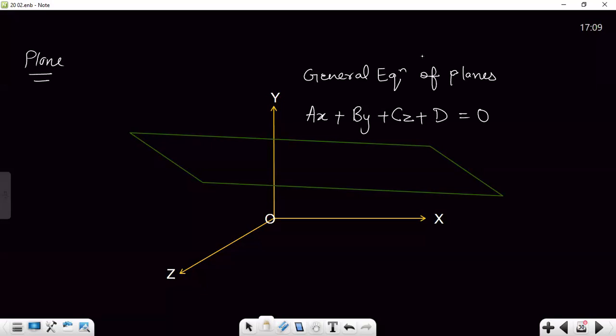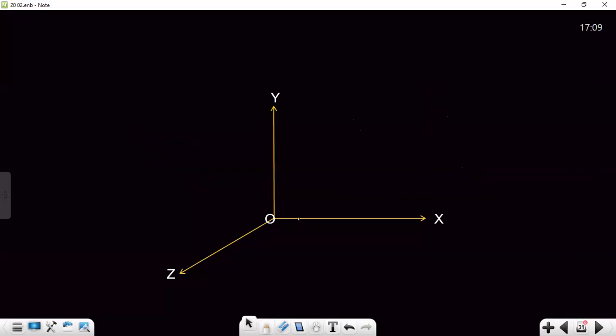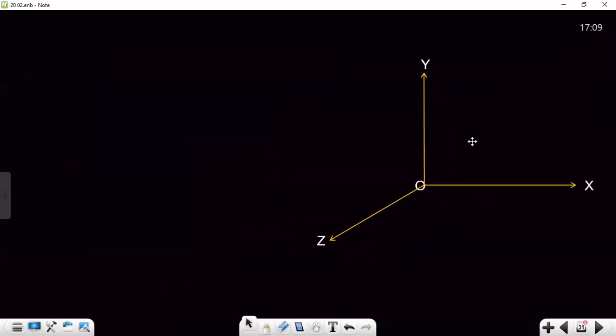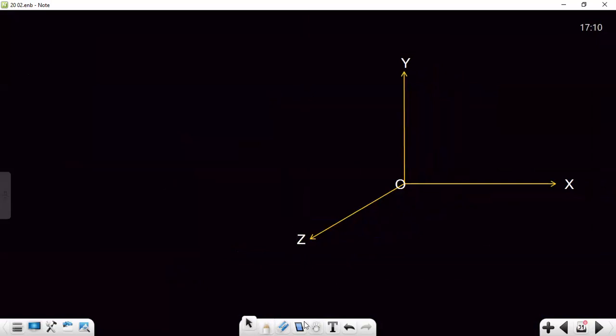Let's discuss more and find out how these planes are derived, how the equation of this plane is derived. So first we are going to discuss the equation of a plane in normal form.